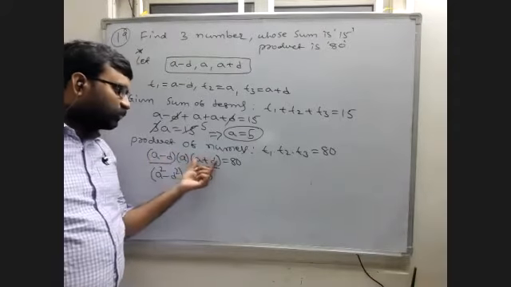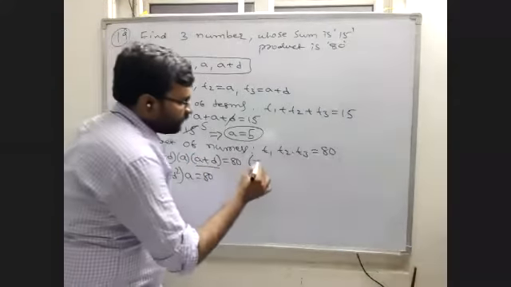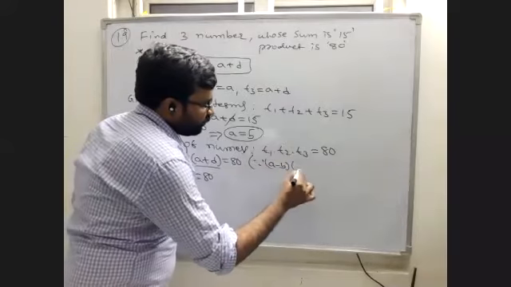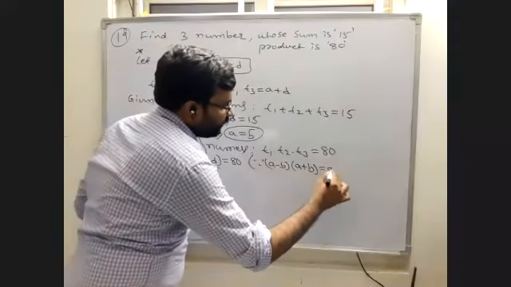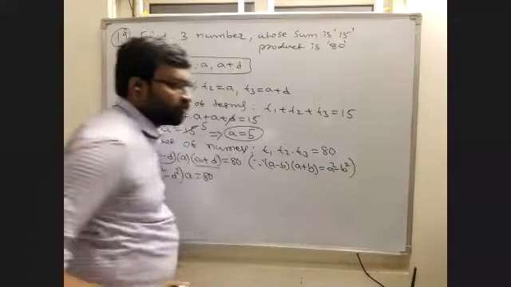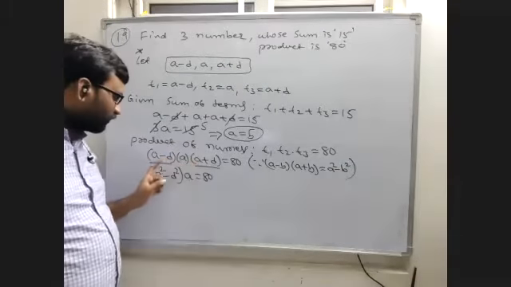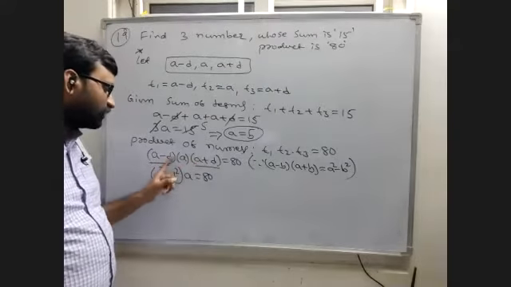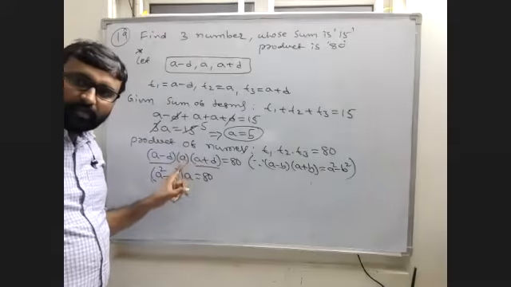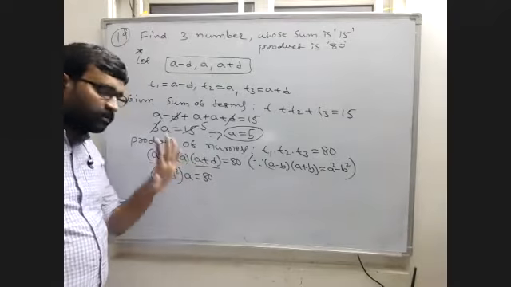A minus b into a plus b is equal to a square minus b square formula. So for these two terms, I'm applying a square minus b square formula, that is a square minus d square. But one more term is there, that is a, into it is equal to 80.